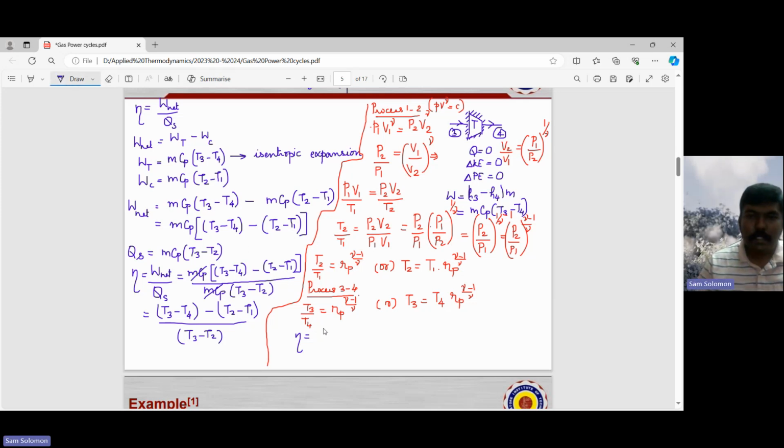So this guy is T4 times Rp to the power (gamma minus 1) by gamma minus T4, minus T1 times Rp to the power (gamma minus 1) by gamma minus T1, whole divided by... so let's say for T3, I'm going to write it as T4 times Rp to the power (gamma minus 1) by gamma minus T1 times Rp to the power (gamma minus 1) by gamma.